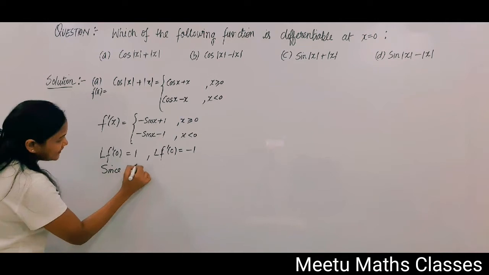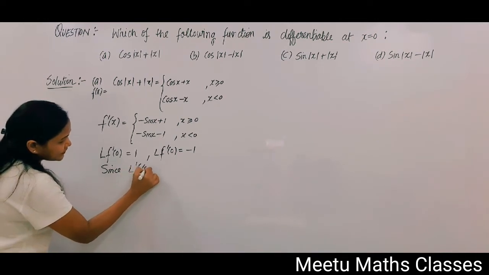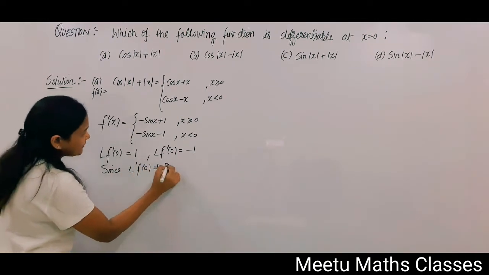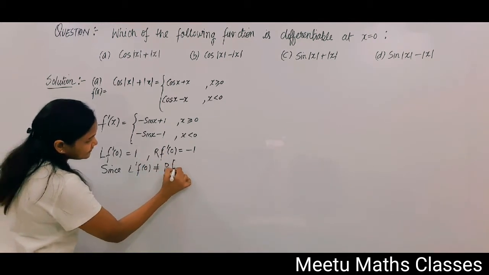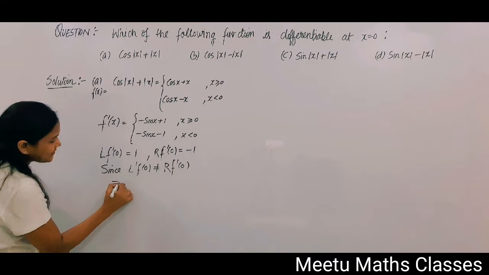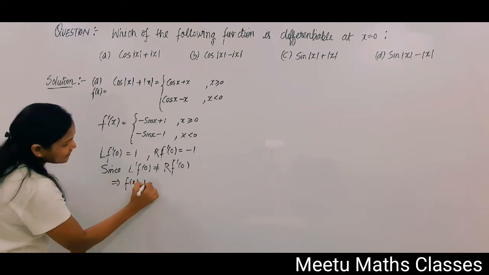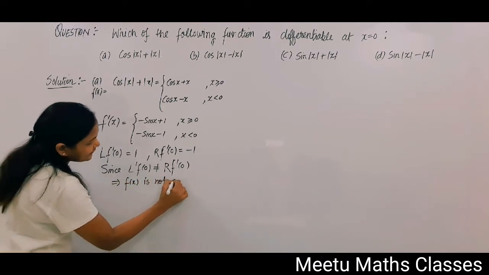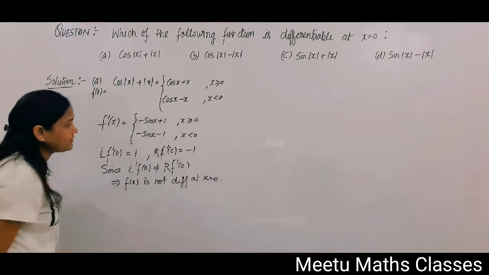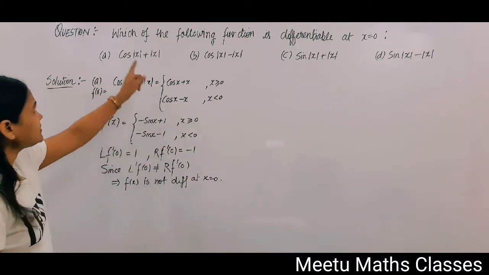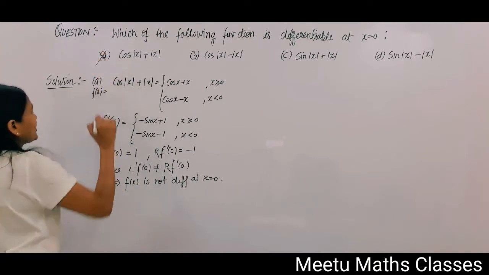Since left hand derivative is not equal to right hand derivative, that implies f(x) is not differentiable at x equals 0. Your first function is not differentiable.